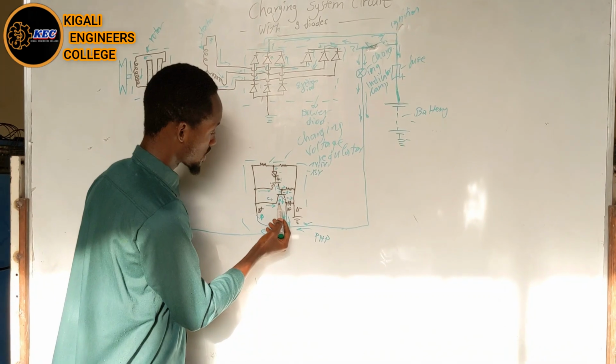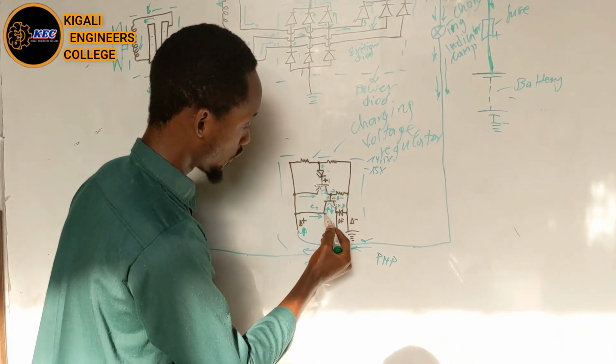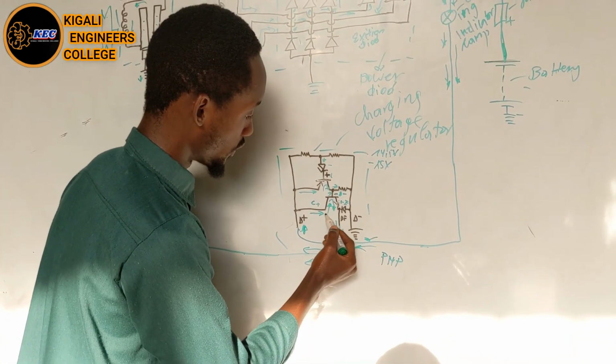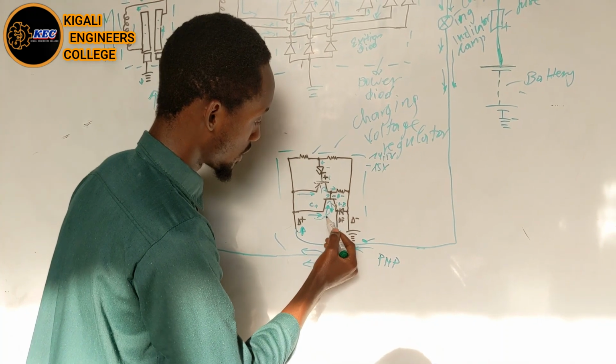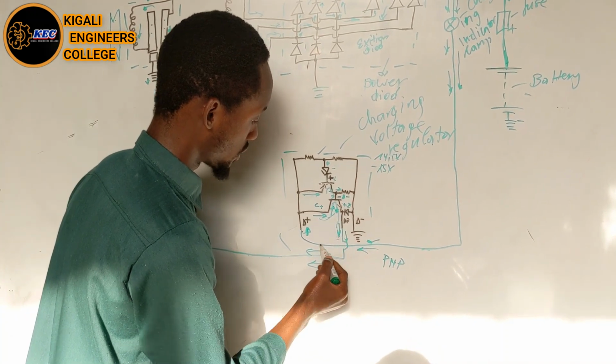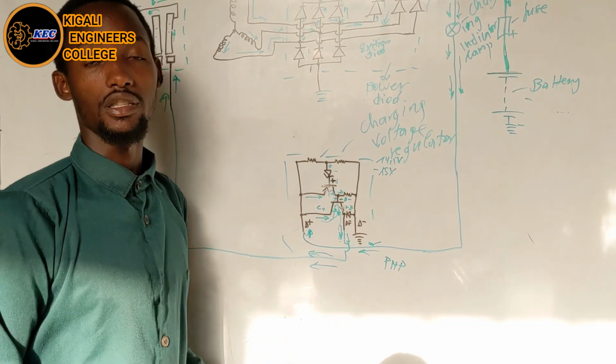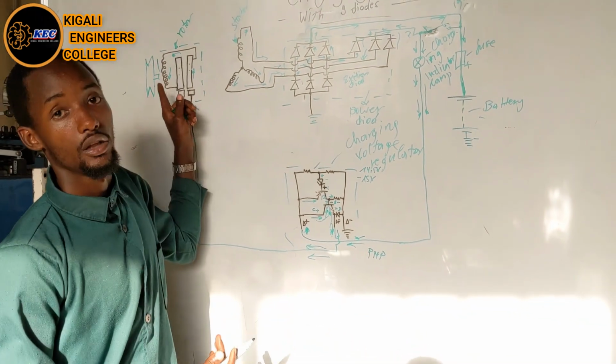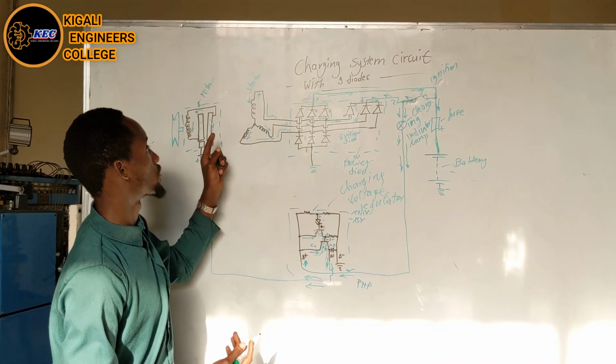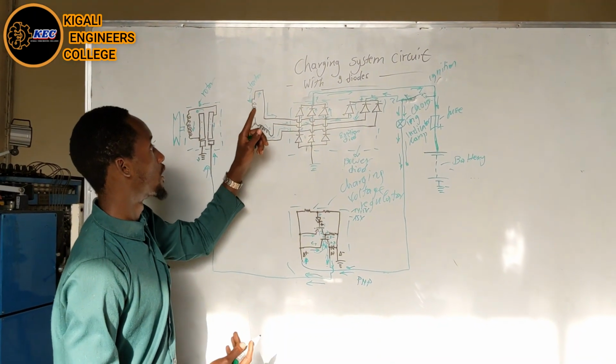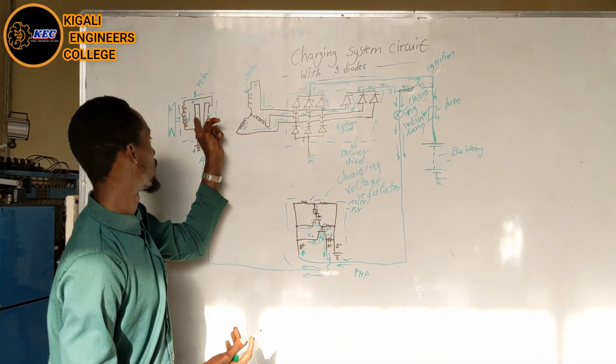It means that this transistor cuts off the passage of the current that passes through here going to the excitation. It means that there is no excitation in the rotor. That will cause there to be no creation of a magnetic field here.